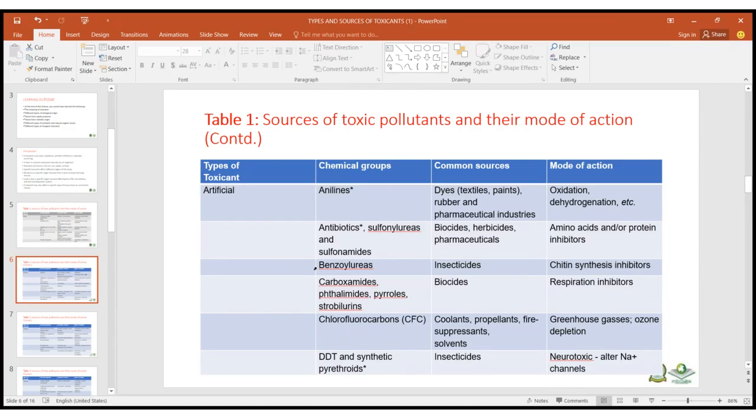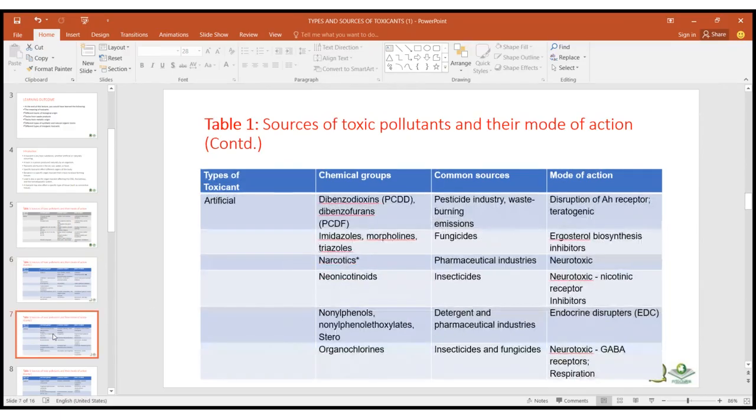You find them in refrigerants, coolants, propellants, fire suppressants, and solvents. So these are where we find the CFCs. Of course, they are notorious greenhouse gases. They deplete the ozone layer. And then we have some pesticides like DDT and synthetic pyrethroids, and these are insecticides, and they are neurotoxins.